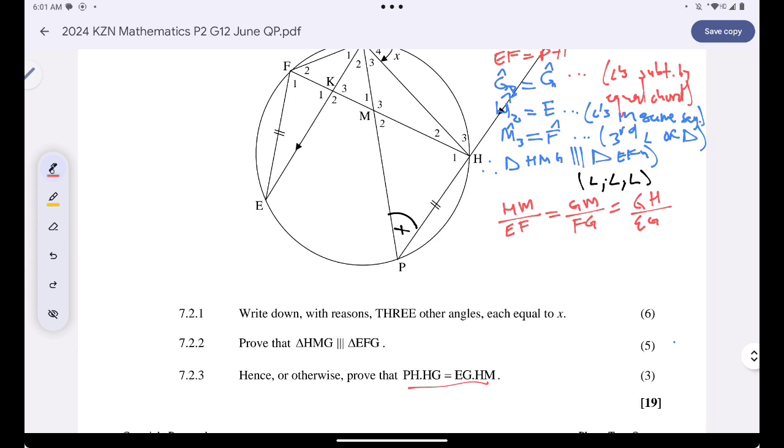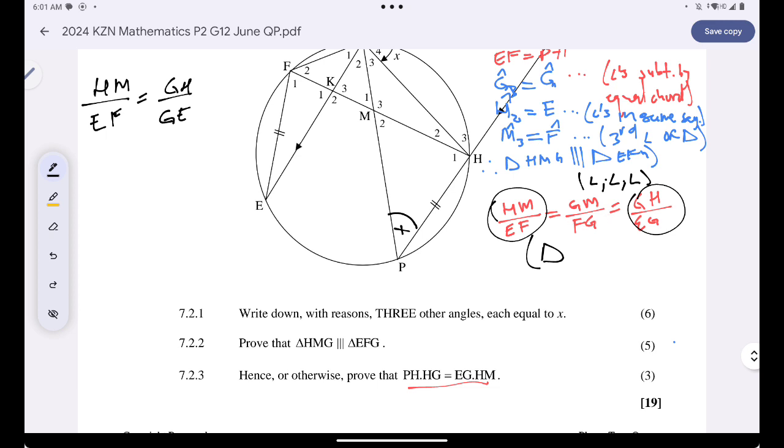Okay, here, guys, I'll simply need these two together. So can I write on the left hand side, HM over EF is equal to GH over GE. And the reason here, I was supposed to say these statements are true because triangle HMG is similar to triangle EFG.